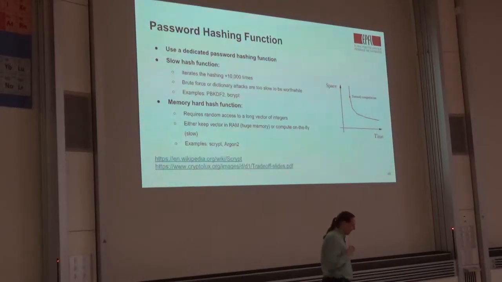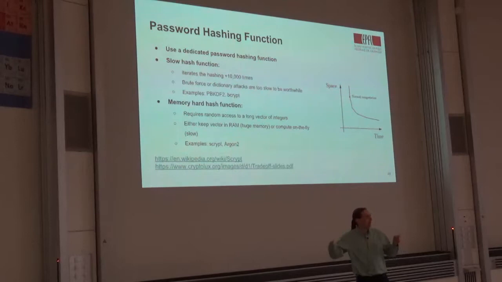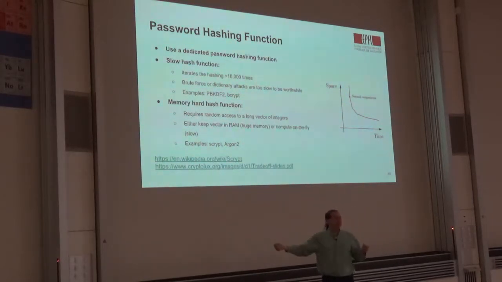Typically the idea here is to make each hash function much more computationally expensive, right? Just deliberately slow down the computation of the hash function. The simplest, most naive way to do this is just to hash the password, and then hash the hash, and then hash the hash of the hash, and so on, iterating that 10,000 times or something, right?